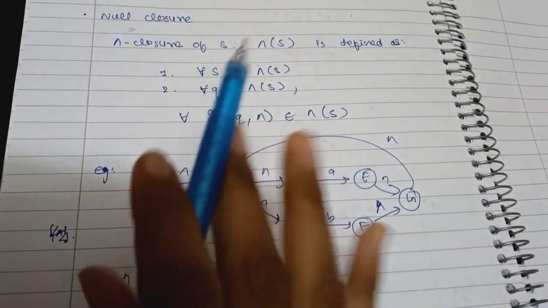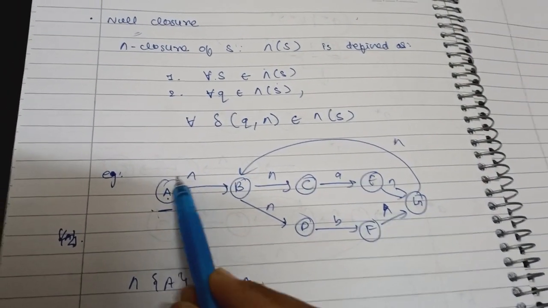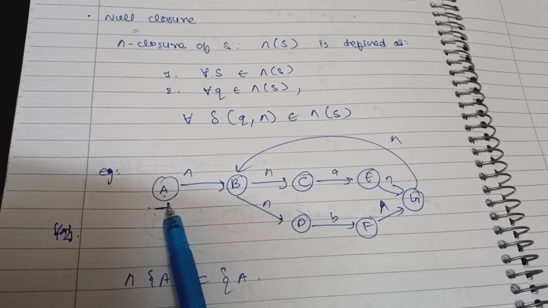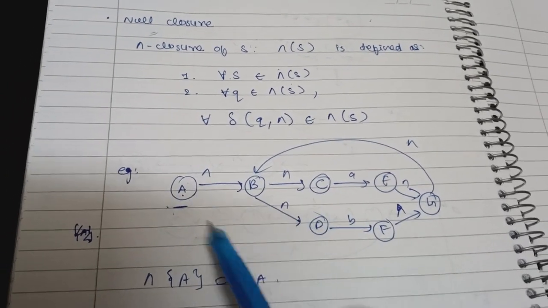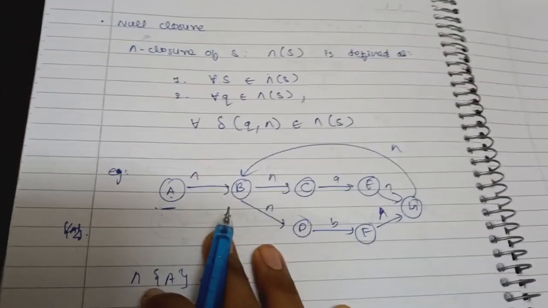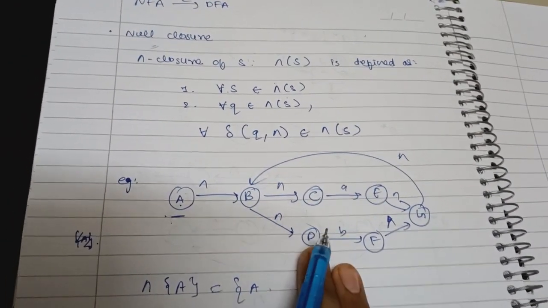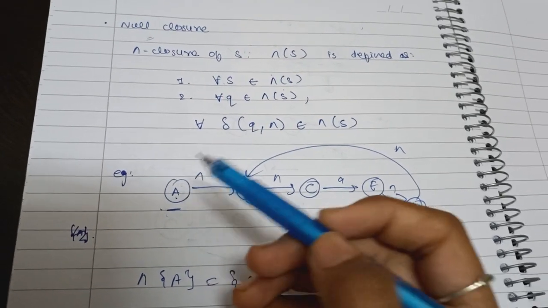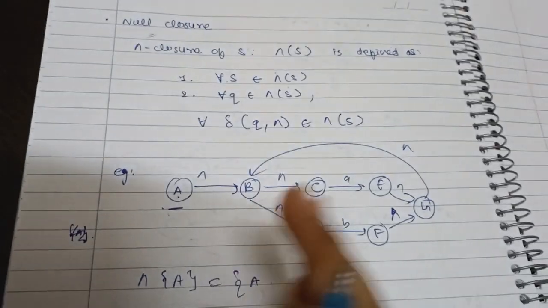For example, if this is my state A and I want to find the null closure of A, it consists of the set of states which we reach when null is given as input, that is, by zero transitions.